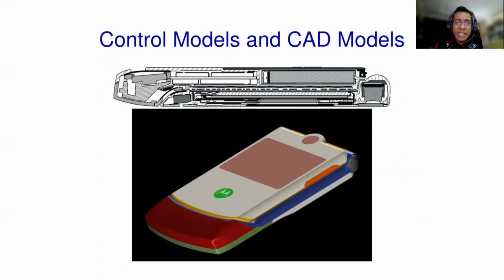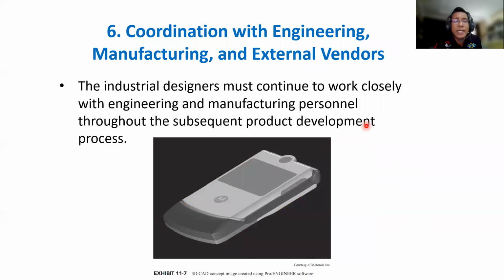They make a detailed design of the part, and this is shown in the control model on the CAD models. And then from there, we make coordination with engineering, manufacturing, and external vendors.